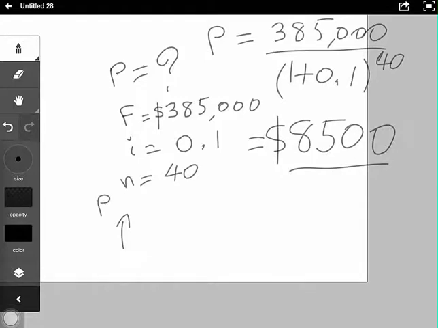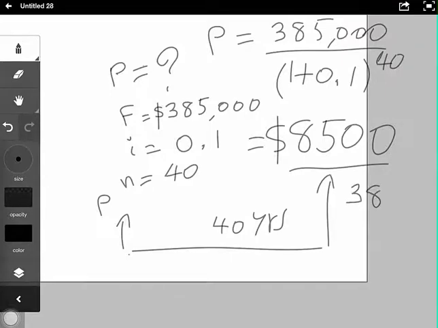So this is a present value of 8,500, and over the next 40 years, this value goes up to 385,000 US dollars.